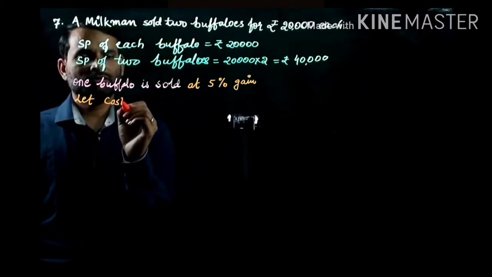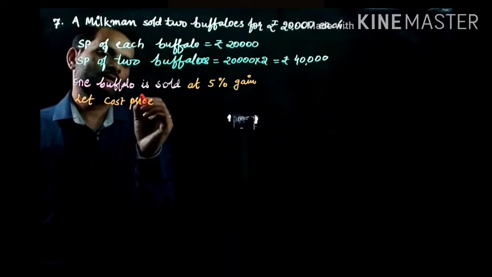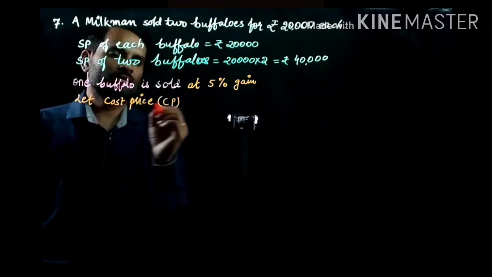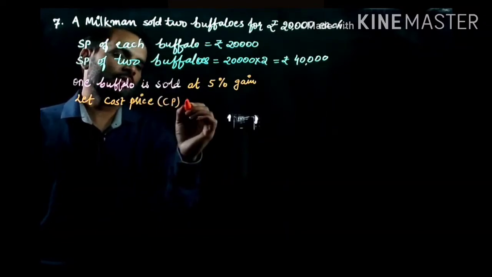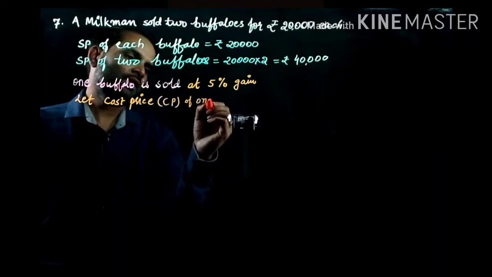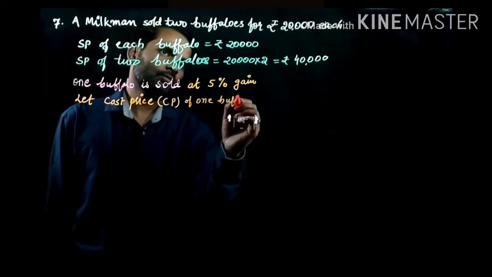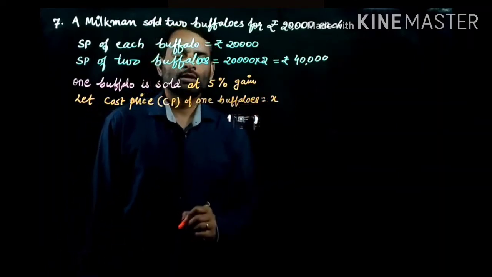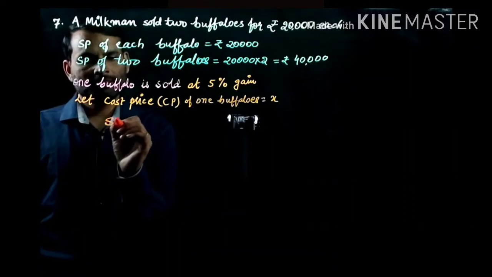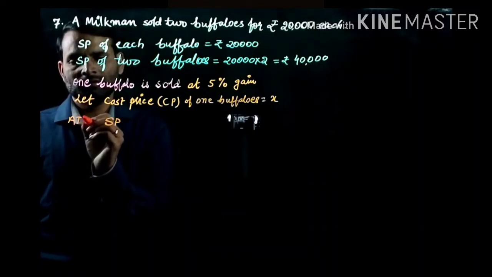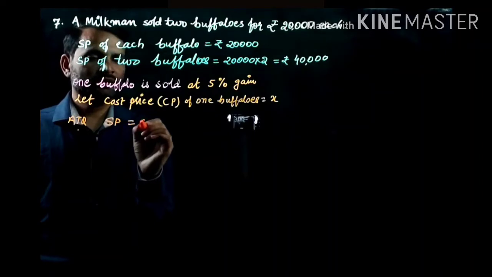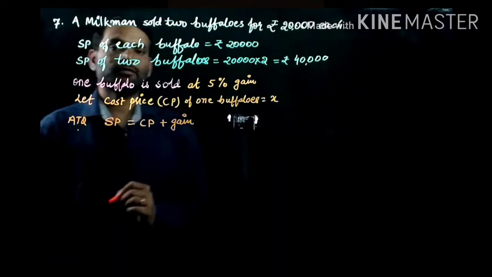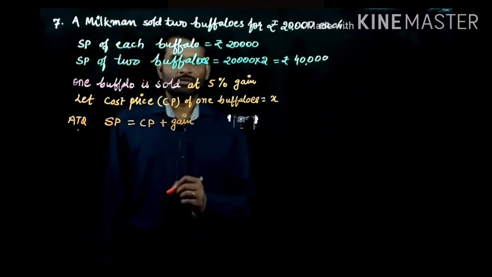Okay, 5% gain. Then let the cost price, CP, of 1 buffalo be x. Then according to the question, SP is equal to CP plus gain.